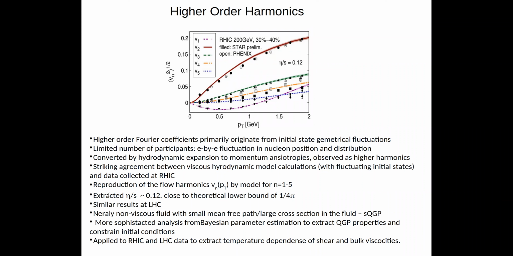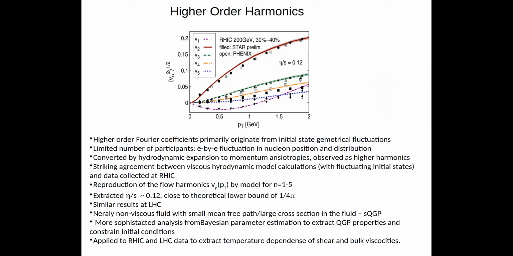Particles are not moving here and there at random. Rather, all of them collectively show a common behavior. That means we basically show the existence of a common velocity field for all the particles. The data also supports that. So as I said, applied to RHIC and LHC, we find a nearly non-viscous fluid with a small mean free path.